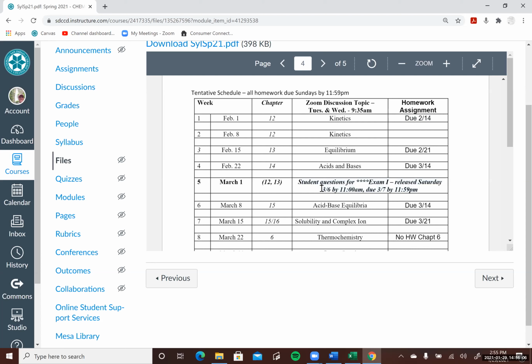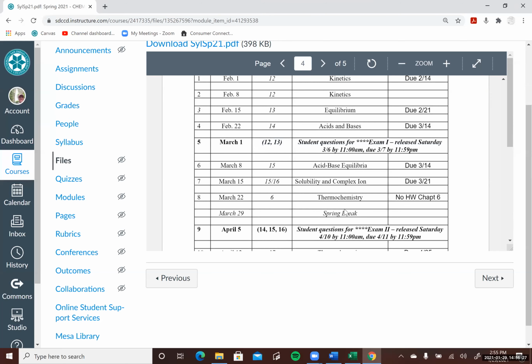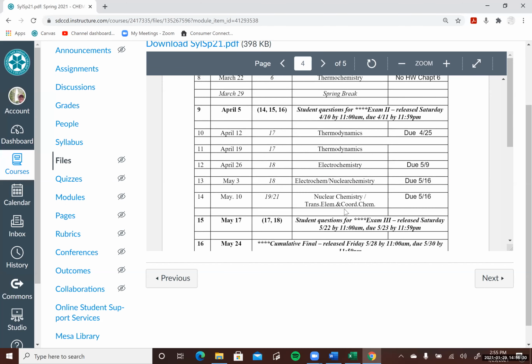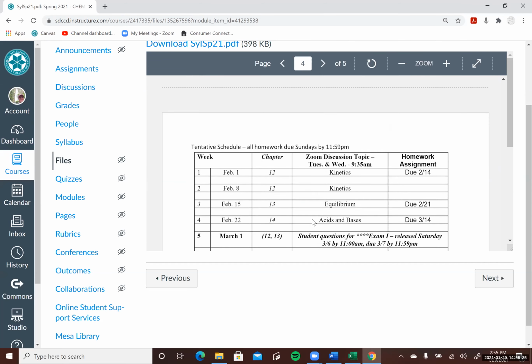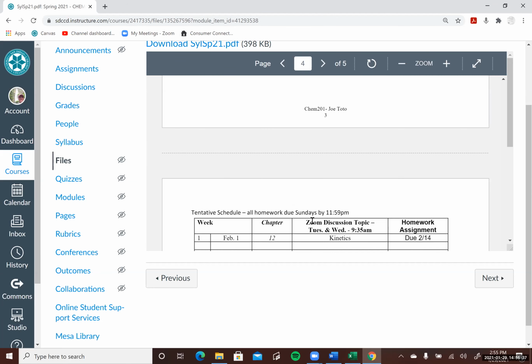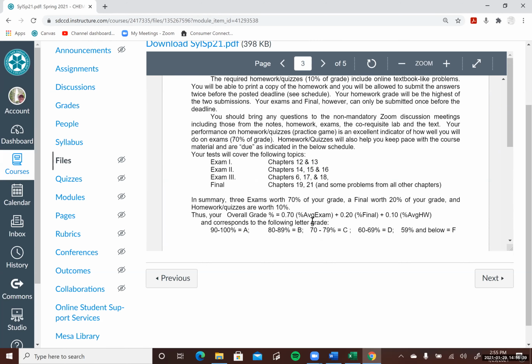And there's some notes on exam 1 that's going to cover those first 2 chapters, kinetics and equilibrium. And we'll have ample time during that discussion period to go over any of the homework problems, any textbook problems, or any problems with concepts that you have, and so forth. And that's our schedule. You probably should print that out and maybe hang it on your wall.